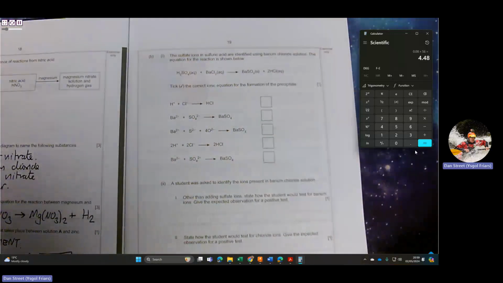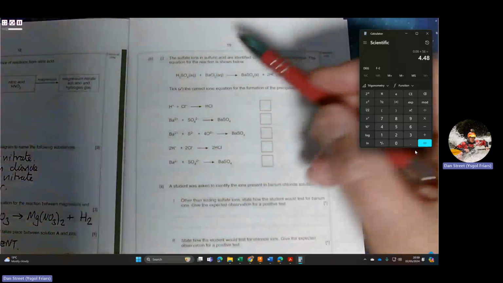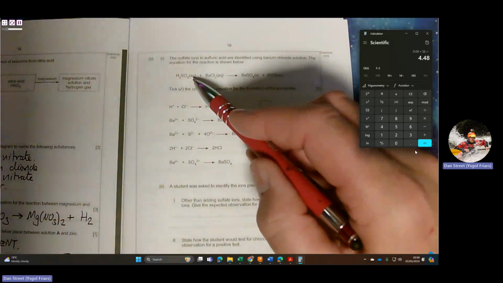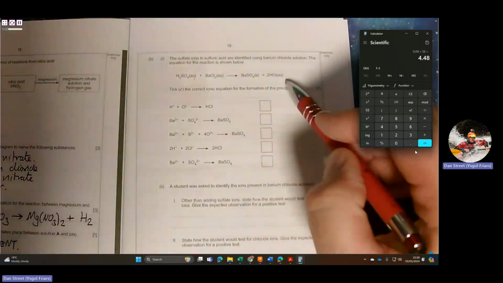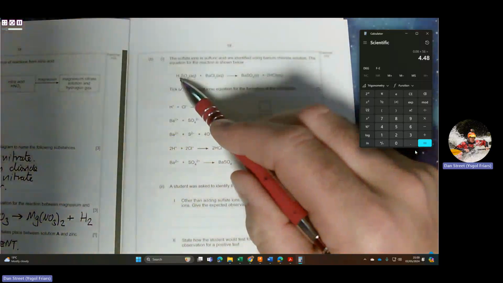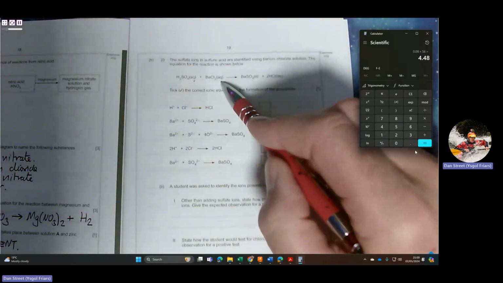Right, moving along. Now, the sulfate ions in sulfuric acid are identified using barium chloride solution. The equation for the reaction is shown below. We'll notice in this equation, slightly unusually, they've given us the state symbols, which will help us to answer this question. There's sulfuric acid, which is an aqueous solution. There's barium chloride, which is an aqueous solution.